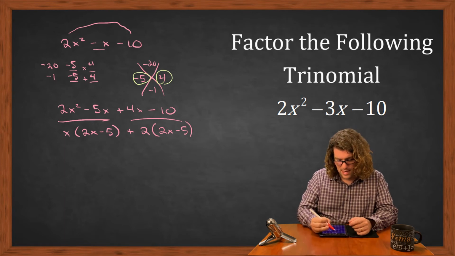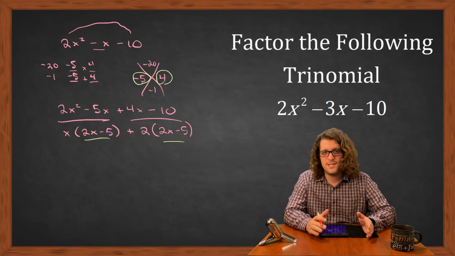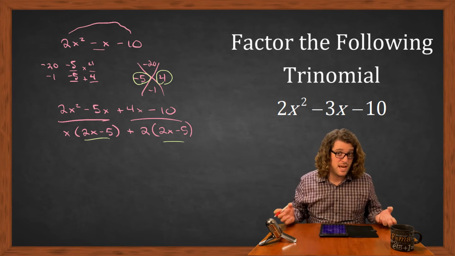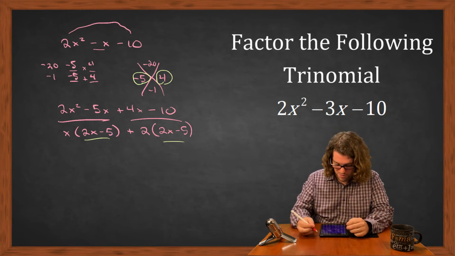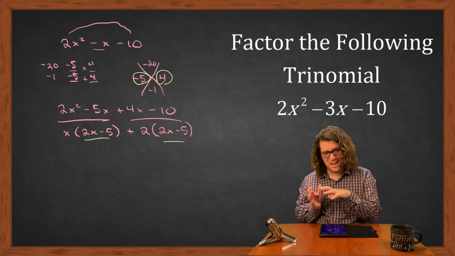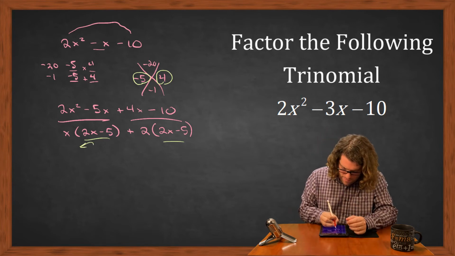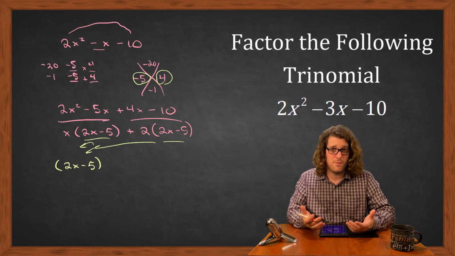Now, at this stage, if everything's worked out well, you'll notice that this common factor of the two pieces separately actually creates an overall common factor for the whole thing altogether. So I'm actually going to take that common factor and pull it out to the very front of my expression as a common factor the way I normally would find common factors.